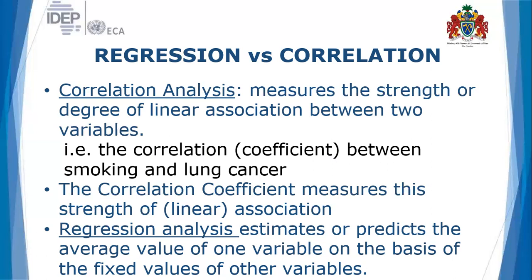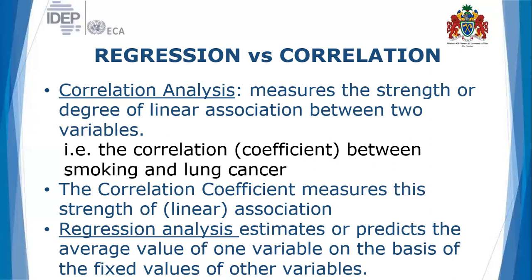So we'll get a correlation coefficient which measures the strength of linear association between two variables. On the other hand, regression analysis estimates or predicts the average value of one variable on the basis of the fixed values of other variables.